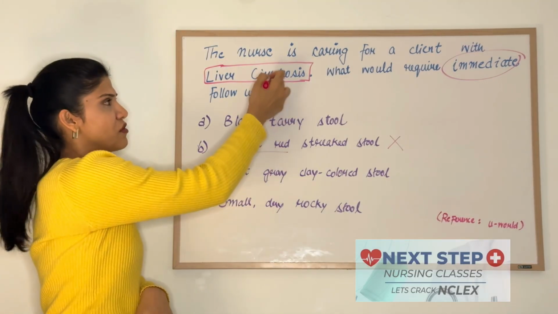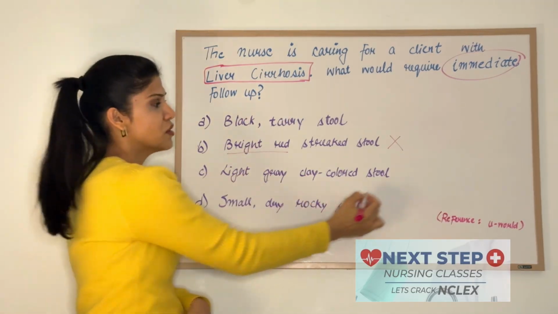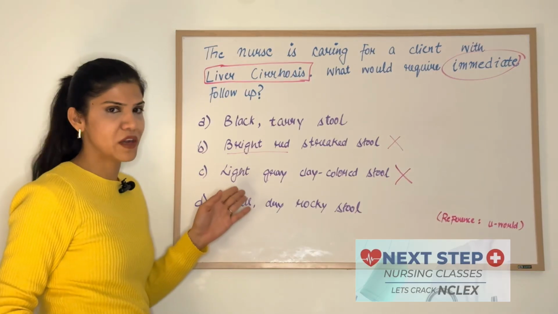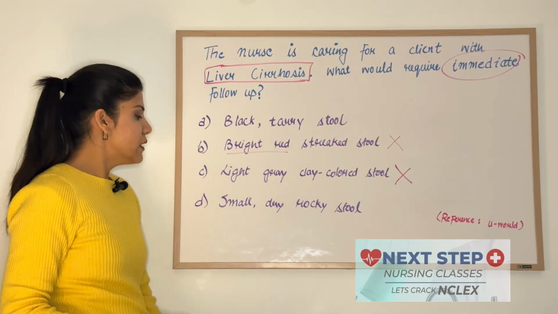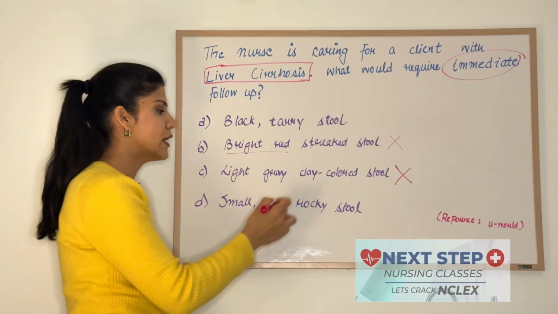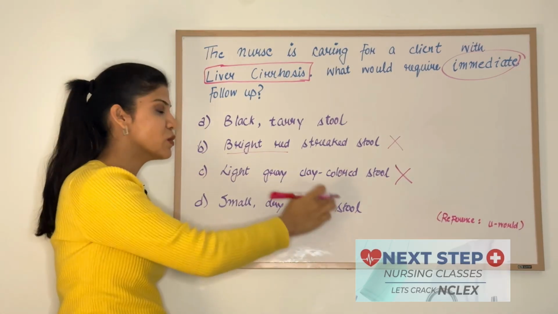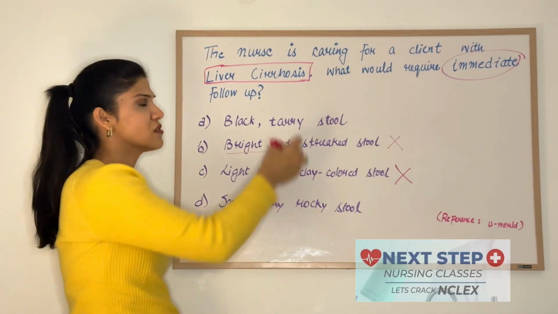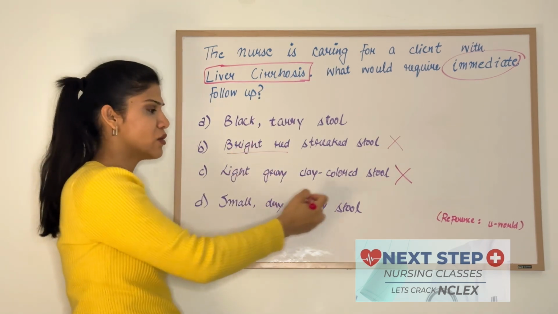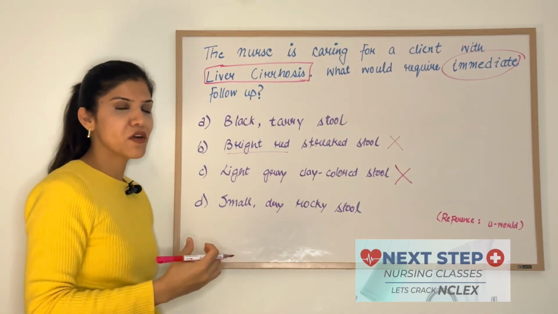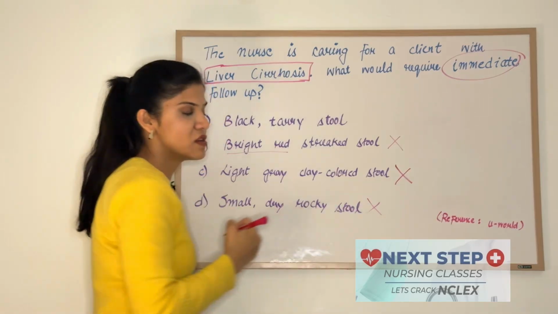Since this is liver cirrhosis and not the pancreas, eliminate it. Then the last option is small dry rocky stool, which is characteristic of constipation. Hence, this option is eliminated.